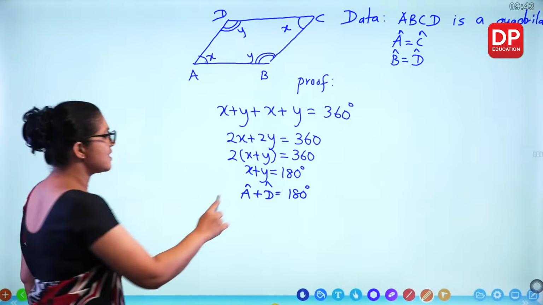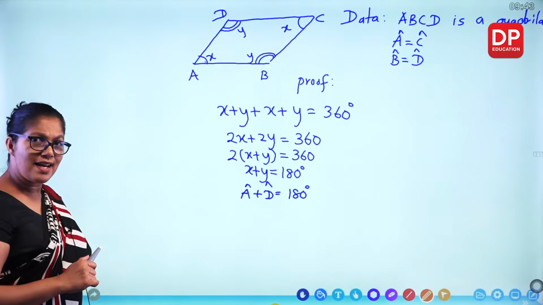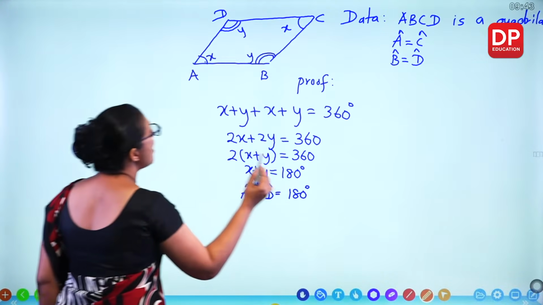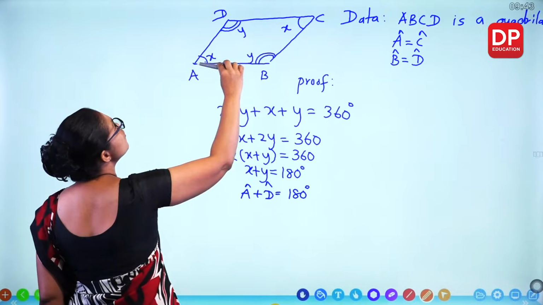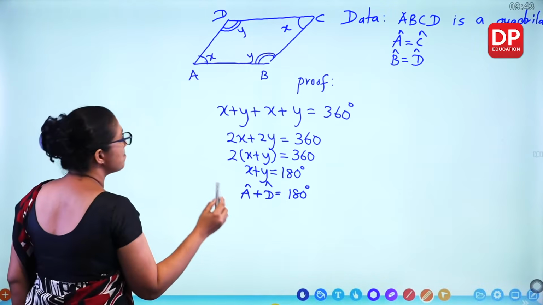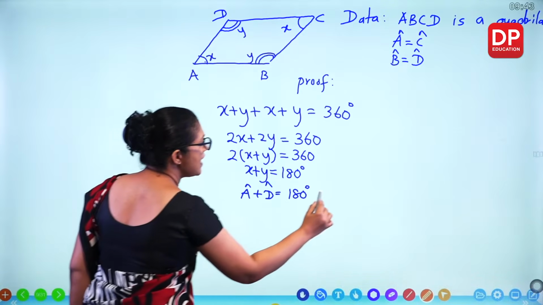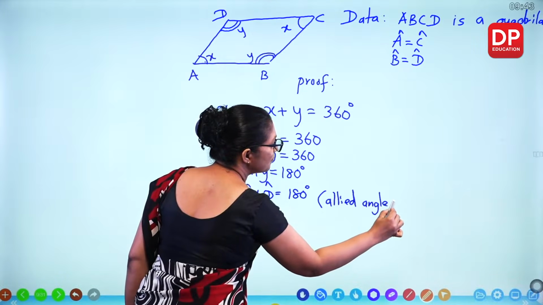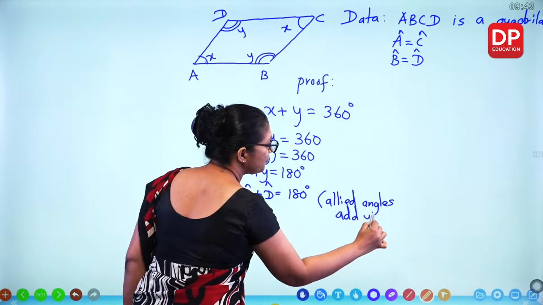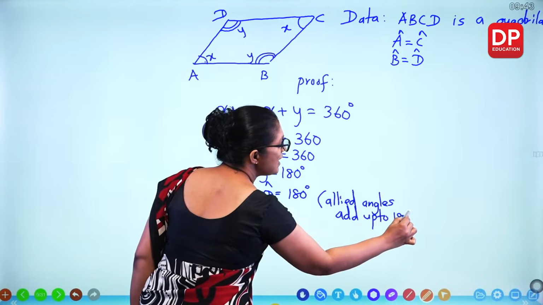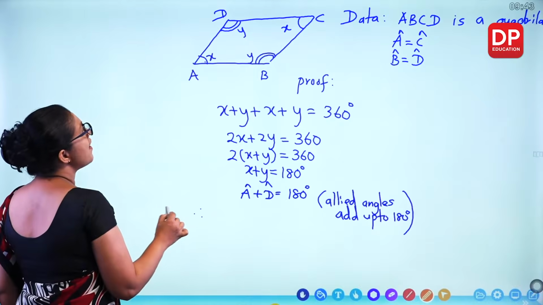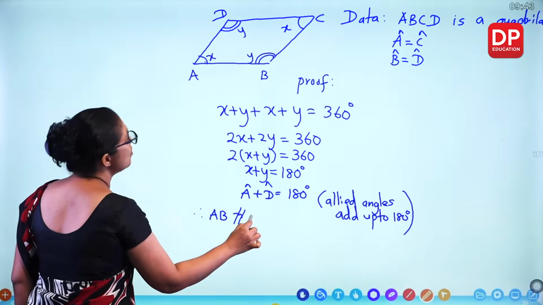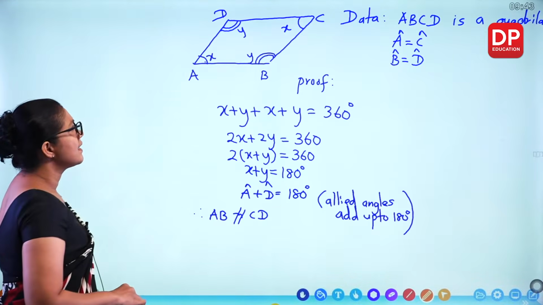Allied angles are equal to 180 means these two lines are parallel. So I can say these are allied angles that add up to 180. Therefore, I can write AB line is parallel to CD line.